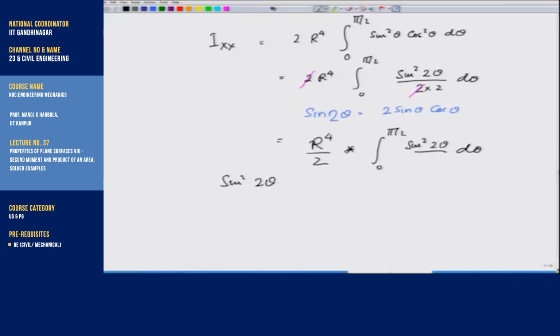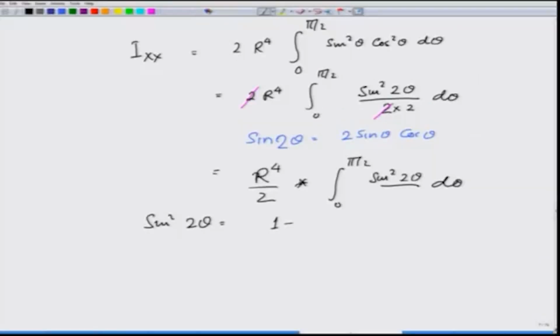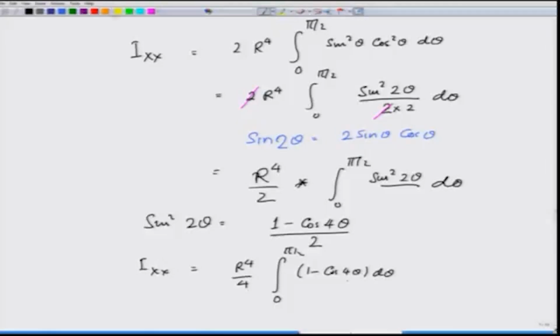Sine square 2 theta I can write as 1 minus cosine of 4 theta divided by 2. So, this becomes Ixx becomes r raised to 4 divided by 4 integral 1 minus cosine of 4 theta d theta 0 to pi by 2. The second integral vanishes. So, you get pi r raised to 4 by 8.